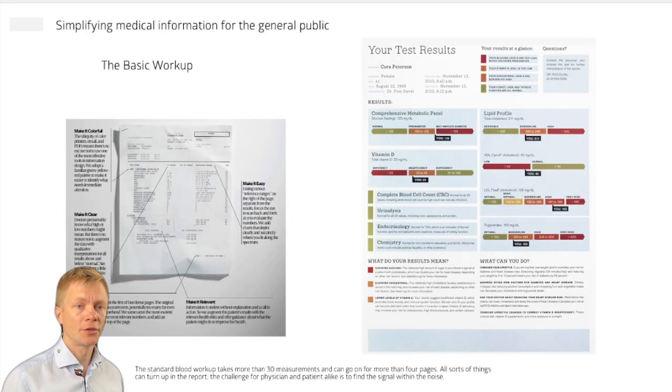So there are lots of possibilities to do something better with medical information, and this creates a lot of potential for communicating very important information, like this blood test, which can be visualized so that a patient can understand.